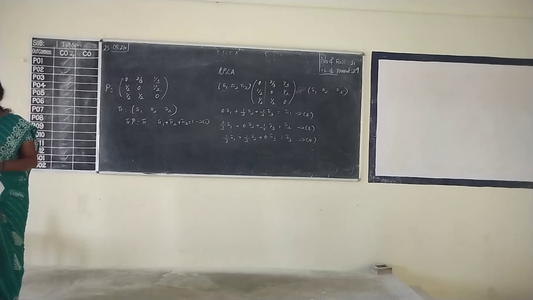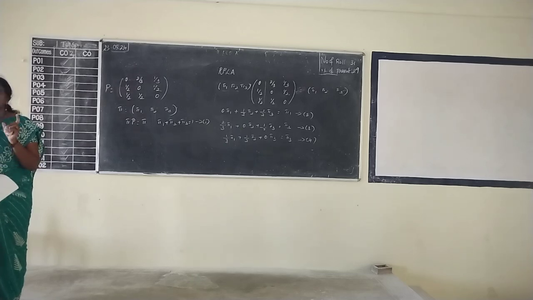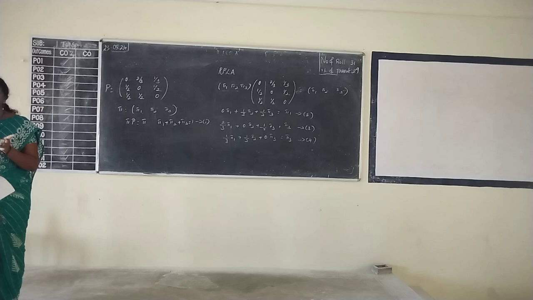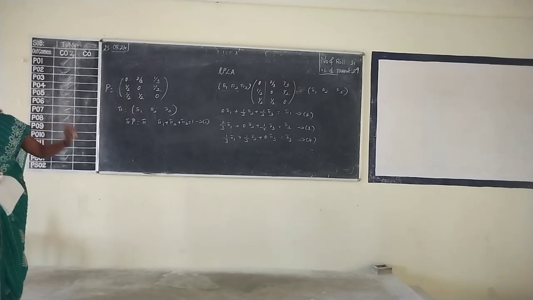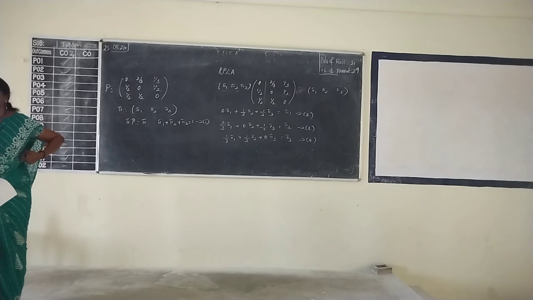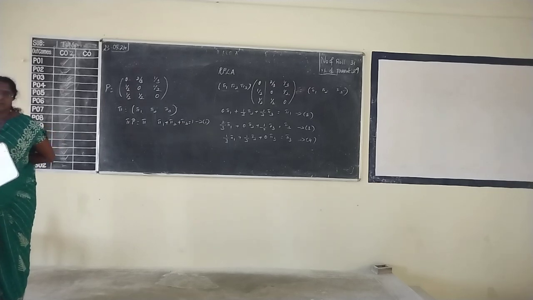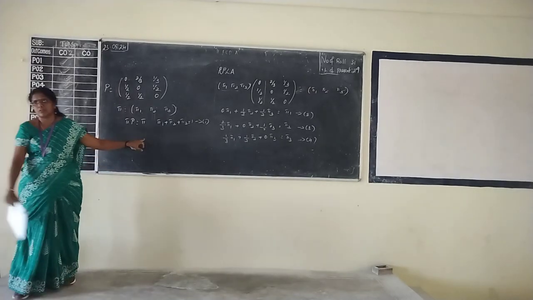So use the technique that I told you now. Try to find the other two in terms of one variable, then you can substitute in your first equation and find the answer. Fix any one variable, then substitute that in your first equation.